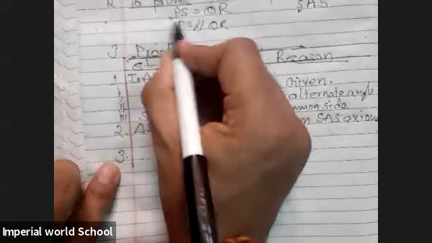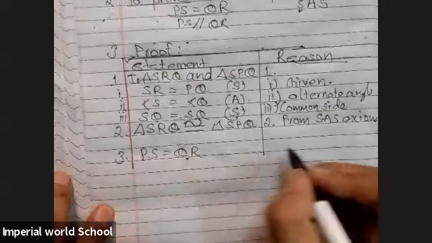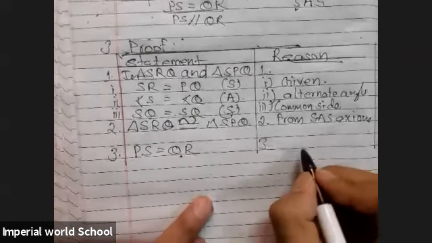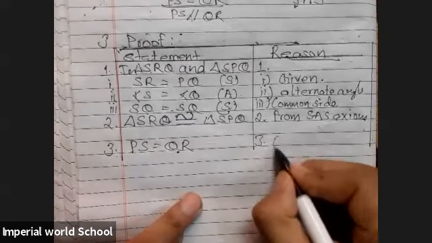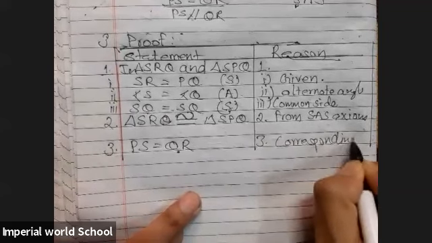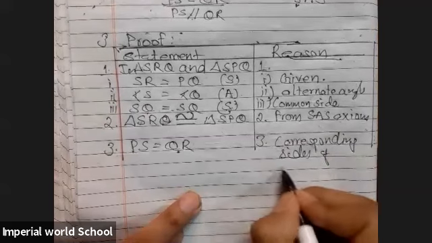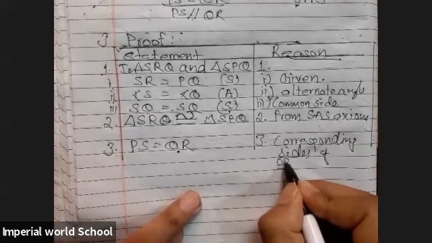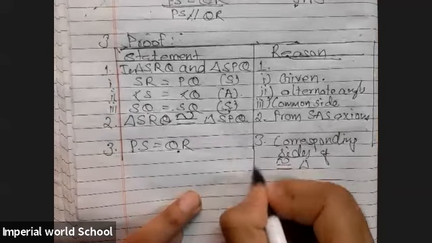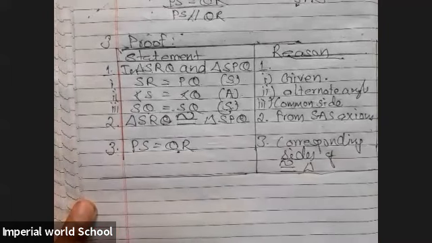And number 3, this same thing you are going to copy, PS equals QR, and you are going to write the same sentence like we read in our previous question: corresponding sides of congruent triangles. This is the congruent symbol and this is triangle, and then you are going to close this table.